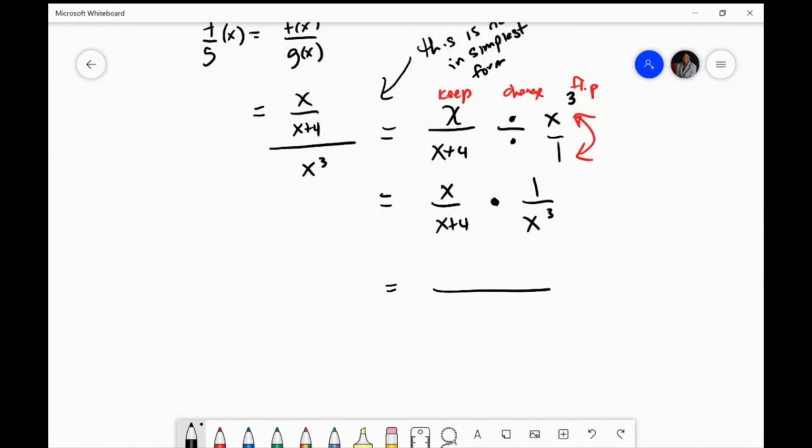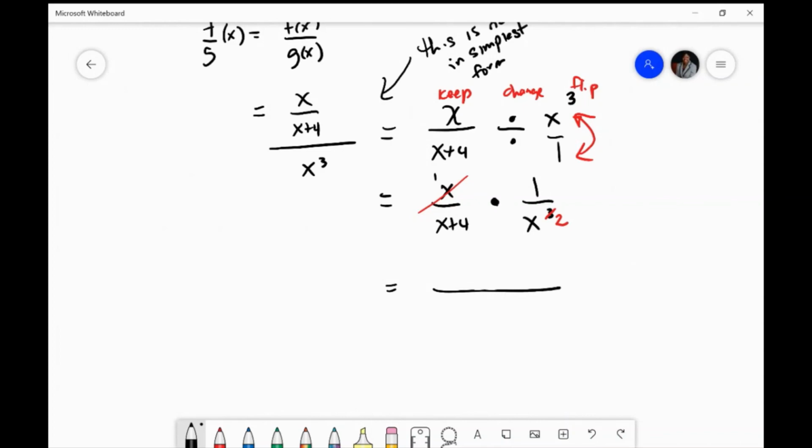So really what we have is x times 1, which is x, right? Oh wait a minute, no, we can reduce. Look, we got an x here, so we can get rid of this cube and make it squared. So the top is now 1, we cancel it out.